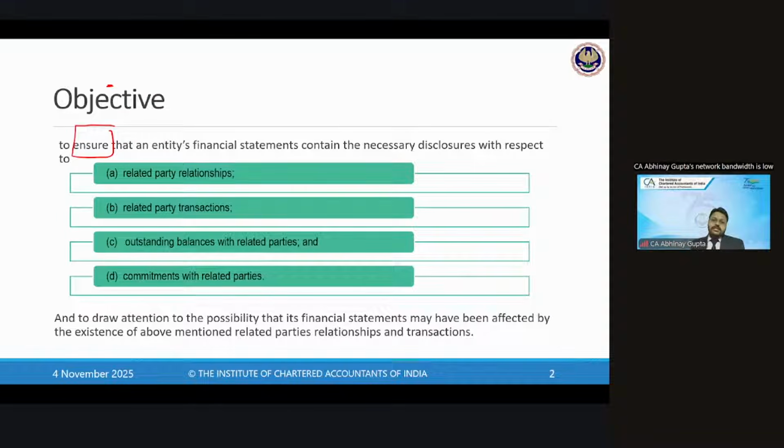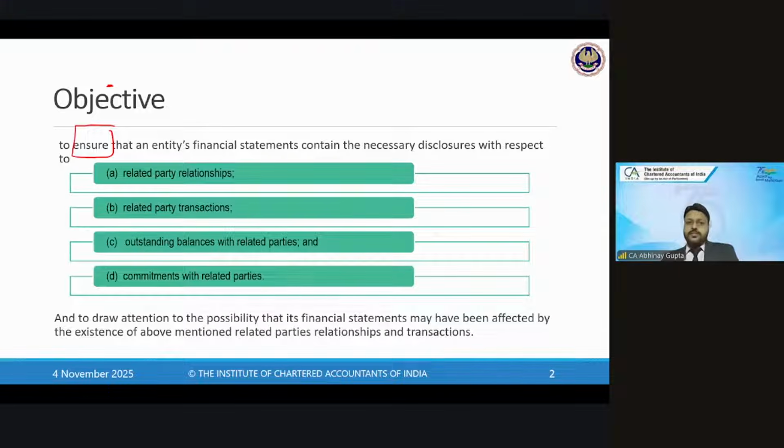By having these disclosures, any investor prospecting to invest in a company can read what related party transactions are there in the annual financial statements, and what is the extent of those transactions in relation to the overall revenue or overall asset size of the balance sheet.